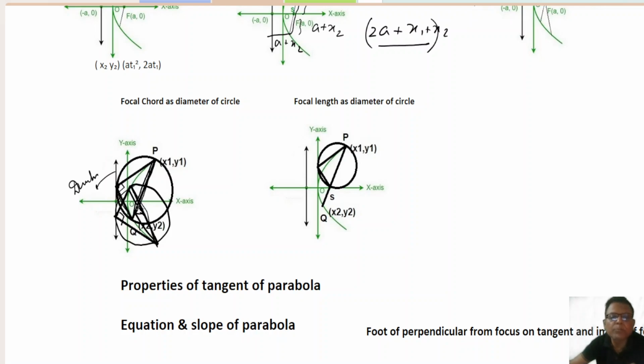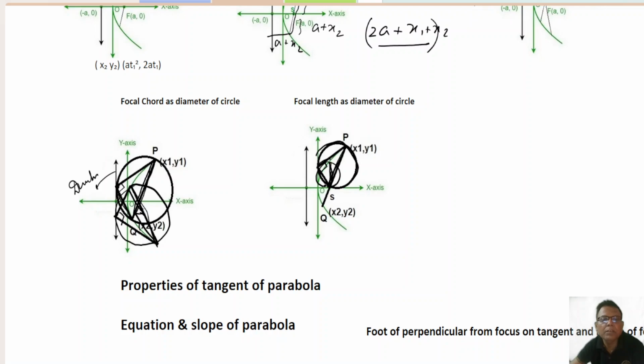This is another very important property. Now this is a focal length, and draw the circle considering the diameter as a focal length. Then it will touch the y-axis. So again, this will be 90 degrees. Suppose you take another focal chord, considering it as a diameter, you draw the circle.